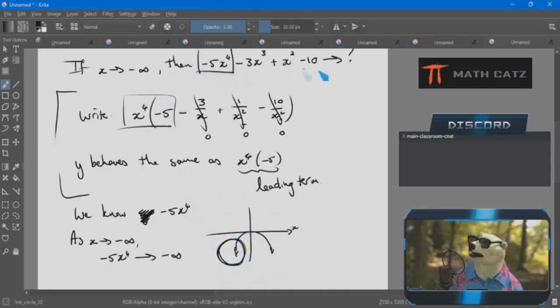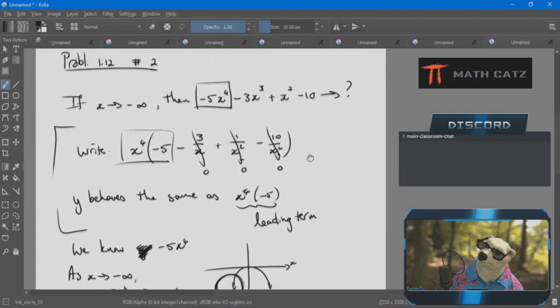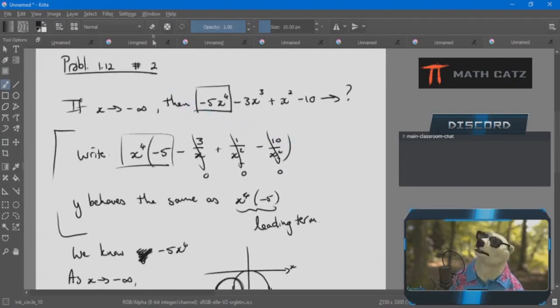And my original polynomial behaves the same as this basic function. So therefore I can go up and say that this question mark in the original question has to be a -infinity, because that is how the leading term behaves.